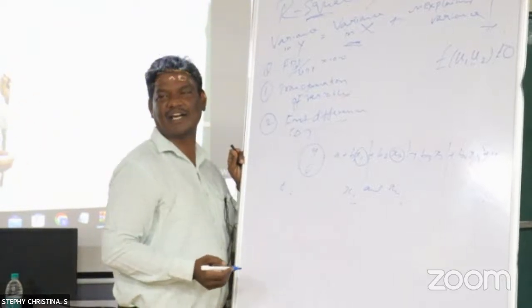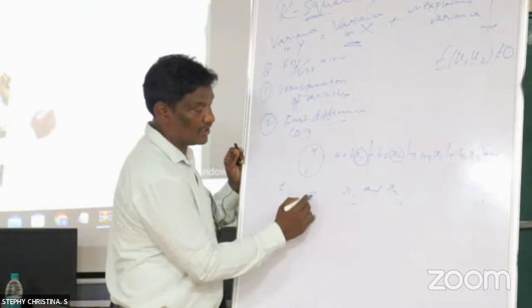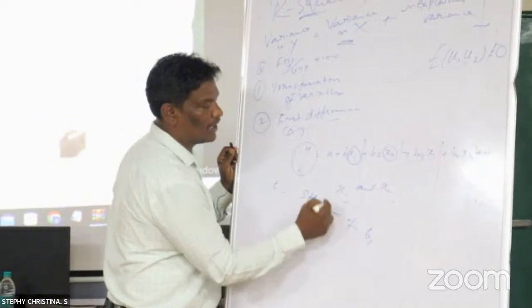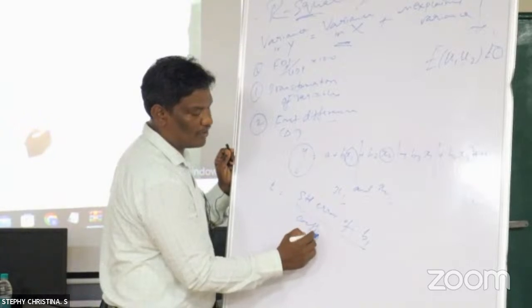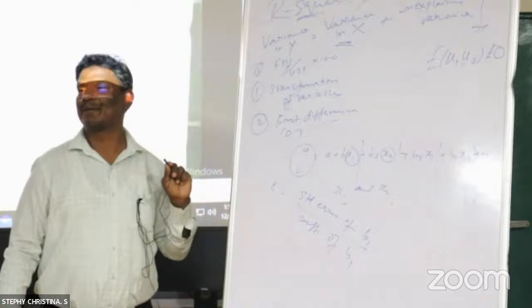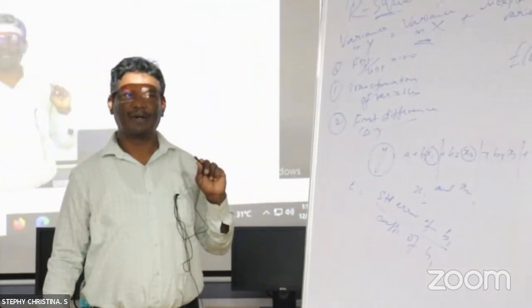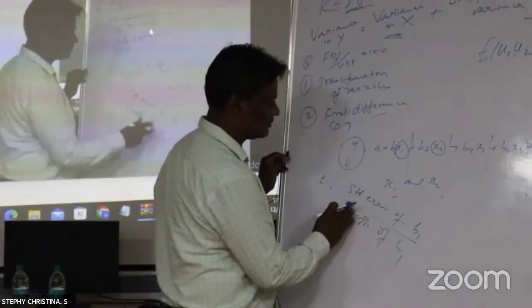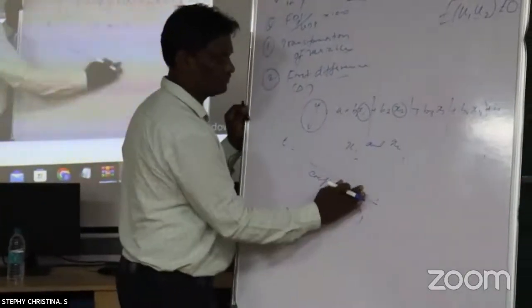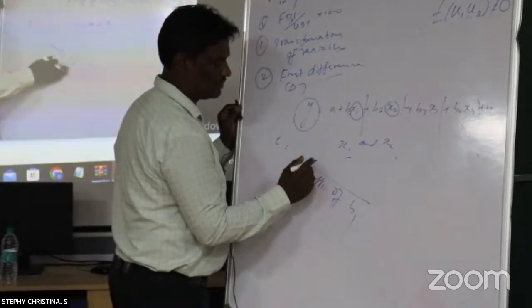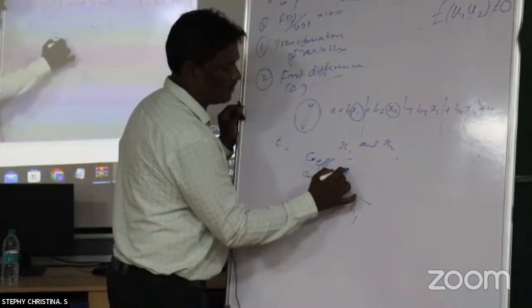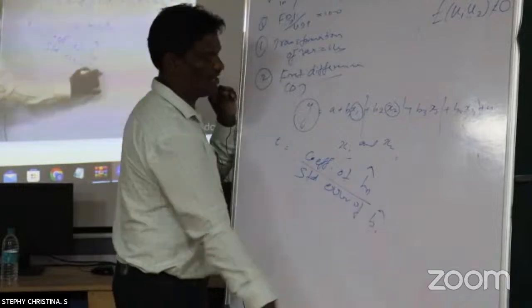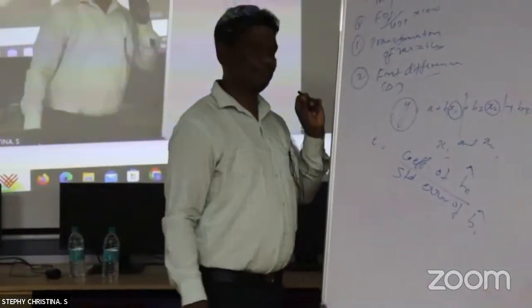Because the formula for the t-test is the coefficient of B1 divided by the standard error of B1. Okay, so here, a small change.